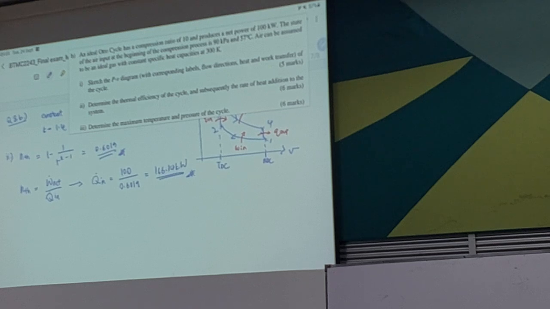But of course, just like you guys, I forgot about the assumptions also. So maybe we just write them at 3. Okay, so assumptions here. What kind of assumptions does the Otto cycle have?